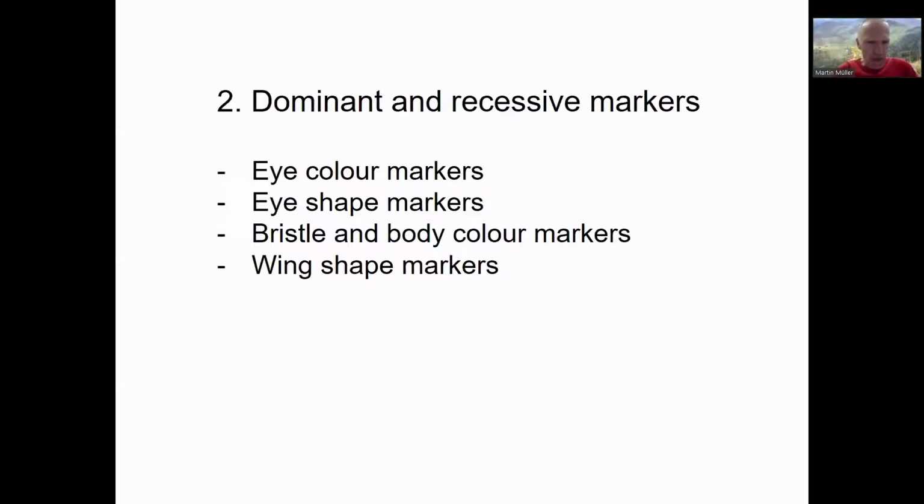So again, from this atlas of fly morphology, I took some pictures and we quickly go through them just to give you the impression, or so that you realize how different and useful these markers can be.